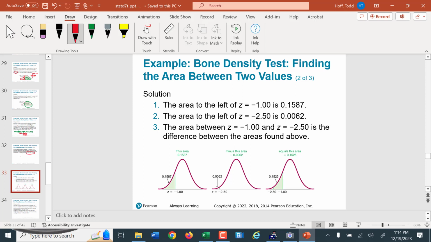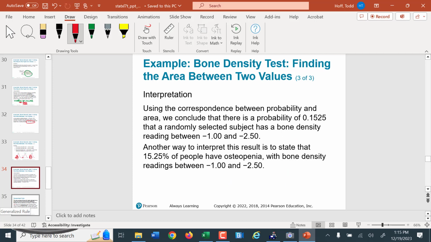To find the probability of being between, since the table and Excel only give us the probability of being less, this probability of being between -2.5 and -1 can be broken down into two pieces. The probability that's less than -1 and the probability that's less than -2.5. And if we take this little piece and subtract it off, what we have left is the desired area. So we can look up in the textbook, in the table, the -1.00.